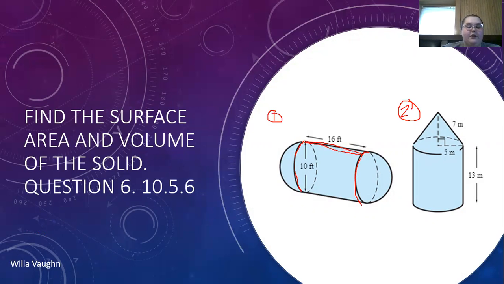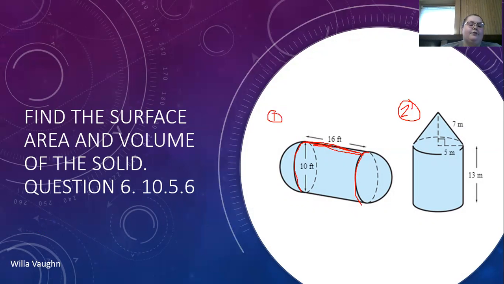So the equation for the surface area of the sphere is S equals 4 pi times radius squared. So doing the lateral area of the cylinder, which is right here, the 16 feet, you do S equals 2 pi times radius times height. So you're going to add those together.